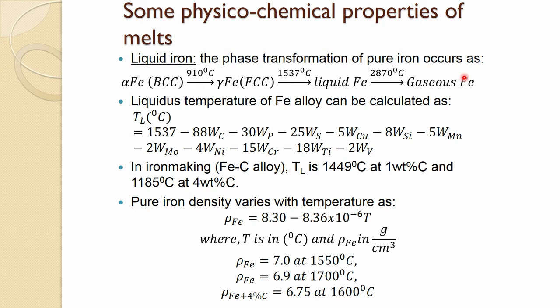So, this is for the pure iron. As you can see, the melting point of pure iron is very high, so it is very difficult to achieve that sort of temperature throughout the blast furnace.